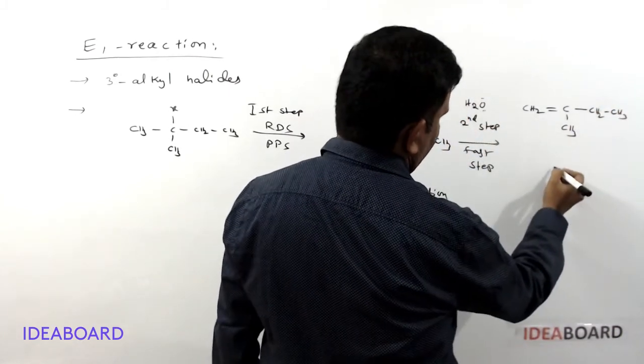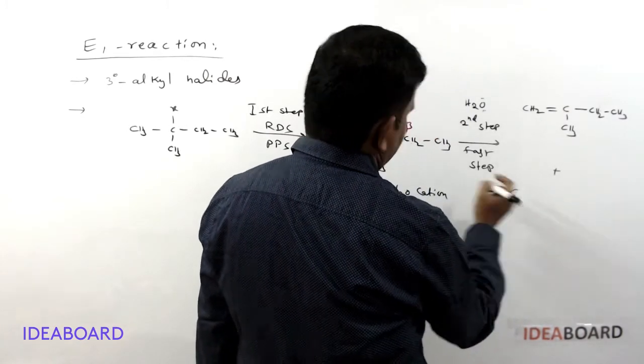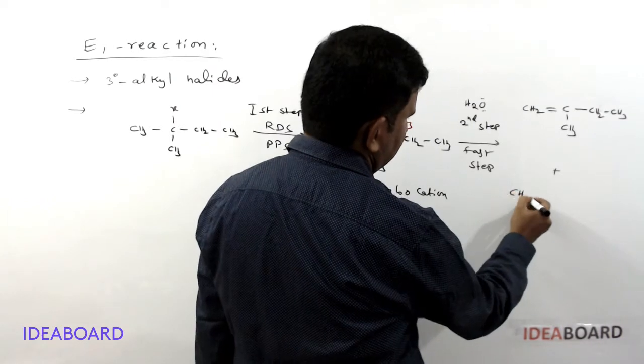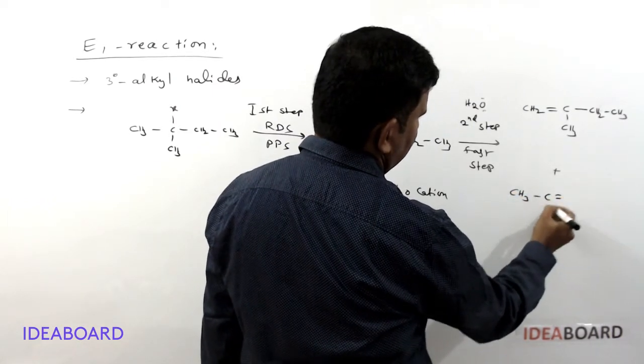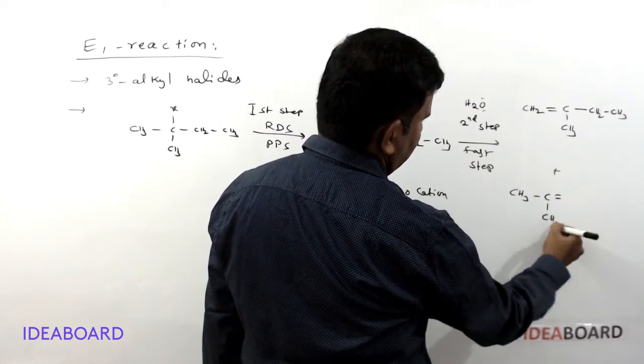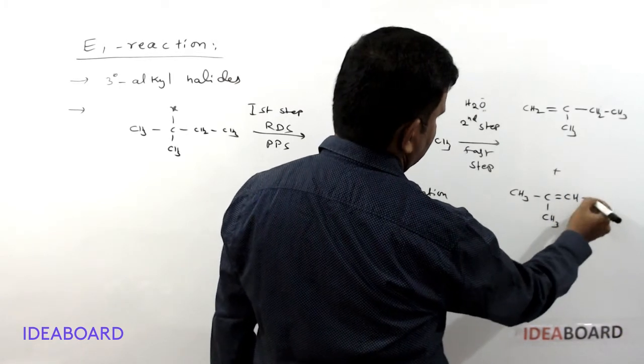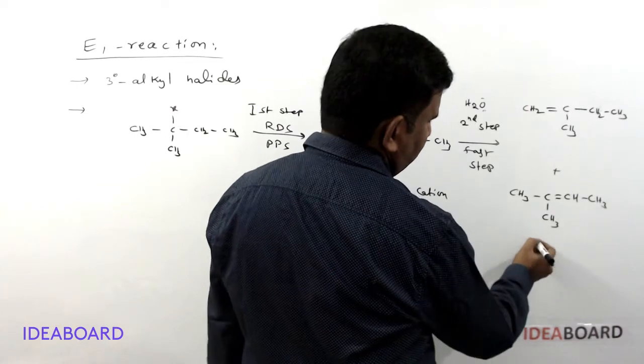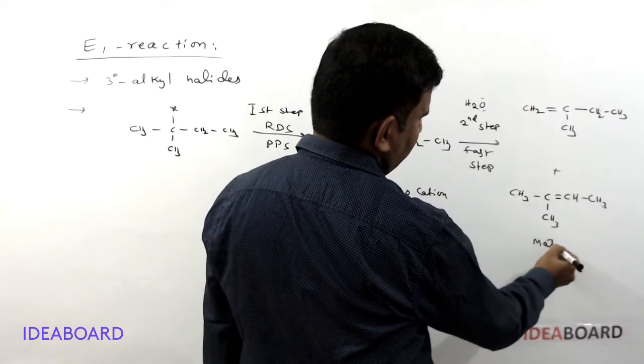This is one compound. The second one, if you remove this hydrogen atom, we get CH3-C(CH3)=CH-CH3. This is the second compound, and I said this is the major product.